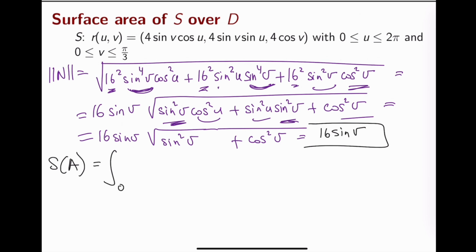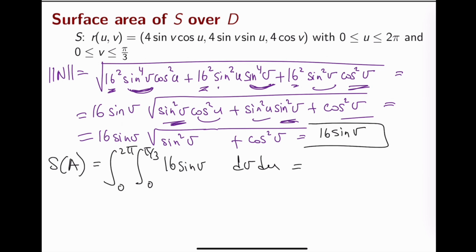It's going to be 0 to 2 pi, this is going to be the variation of u, and the integral between 0 and pi thirds, this is going to be the variation of v. And the function that we have to integrate is the norm of the cross product that we just calculated, and is 16 sine of v.